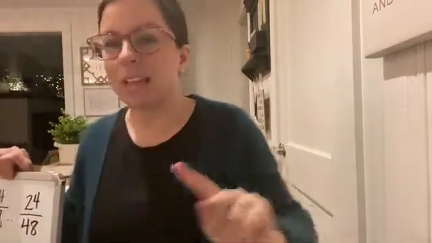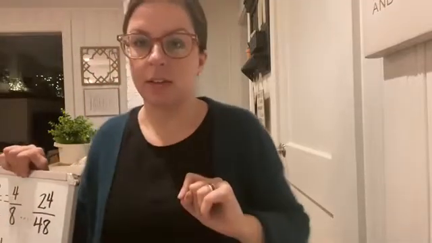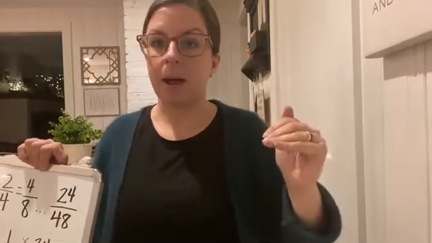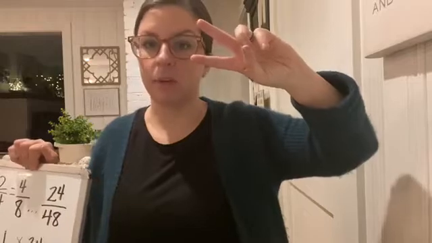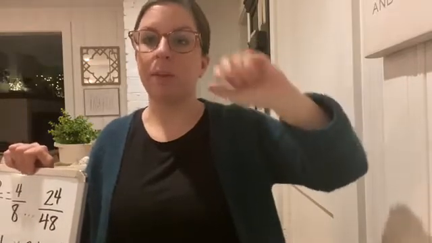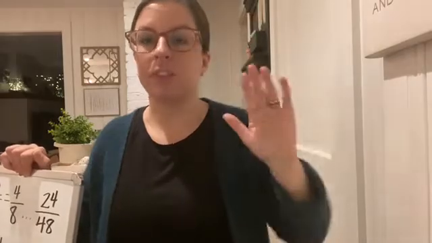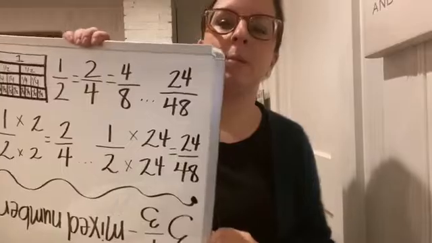The same exact thing is done to the bottom. 8 times 2 equals 16. If you multiply the numerator and the denominator by different numbers, it's not going to be equivalent. So you have to multiply by the same thing on the top and the bottom in order for it to stay equivalent, or divide the top and the bottom by the same number.